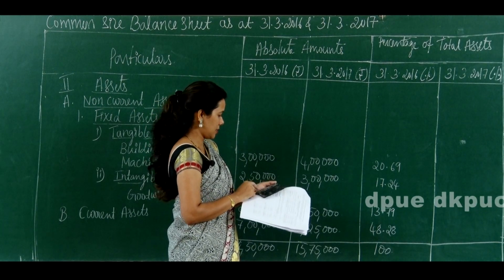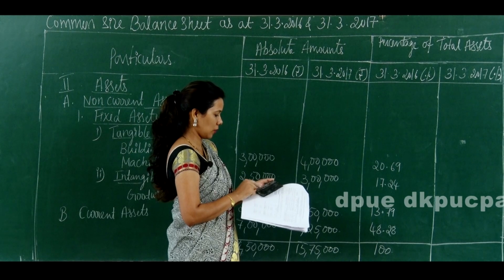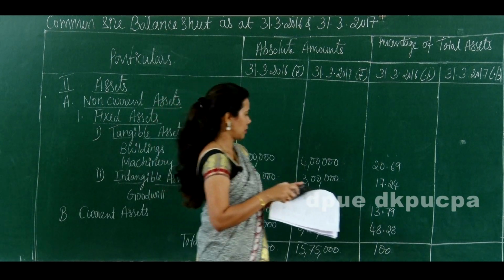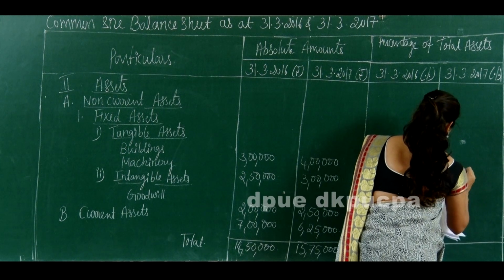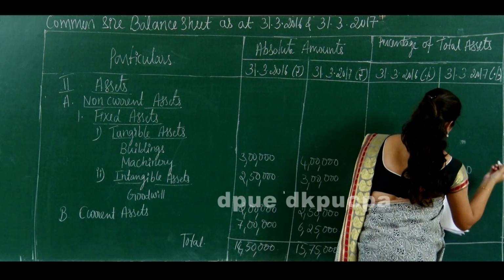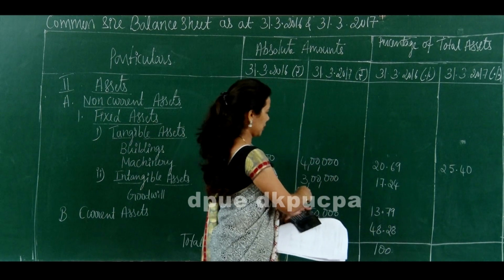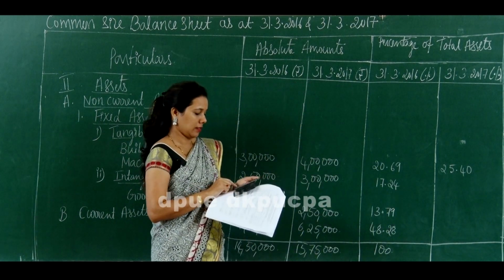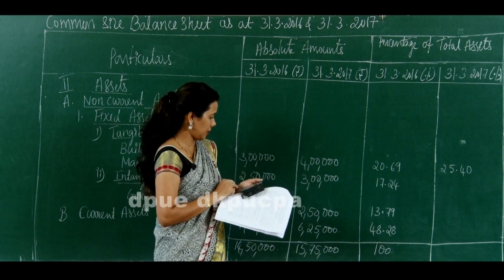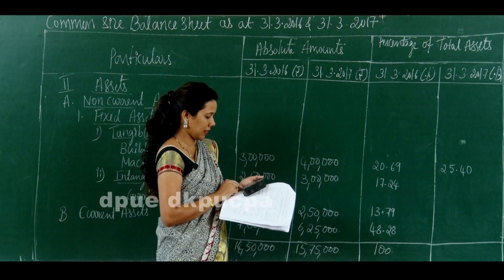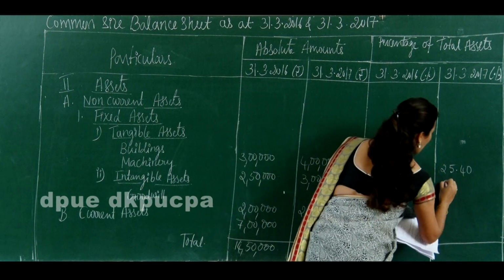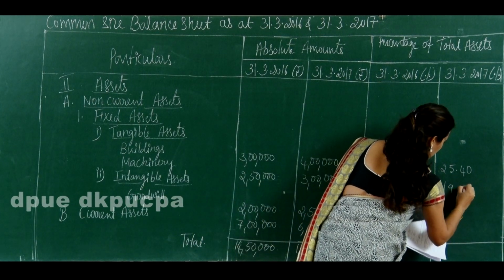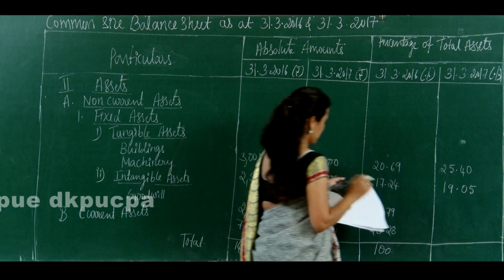4 lakh divided by 15,75,000 into 100, that is 25.40. The next one is 3 lakh divided by 15,75,000 into 100, that is 19.05.